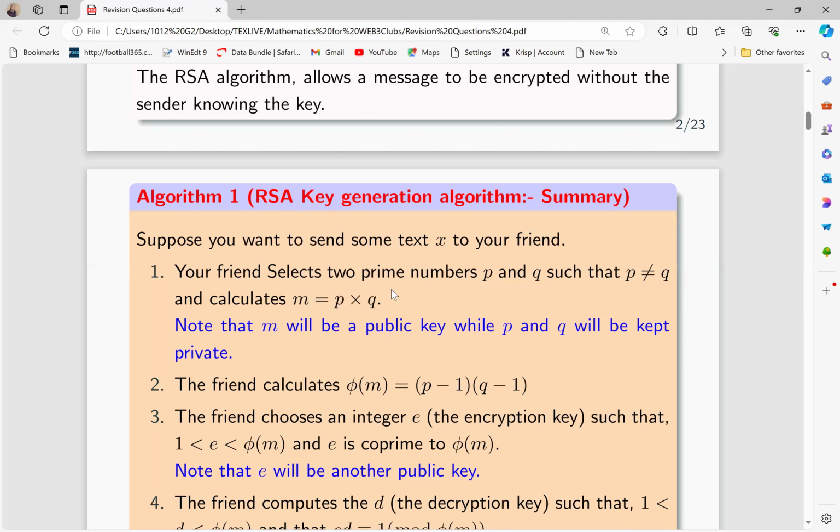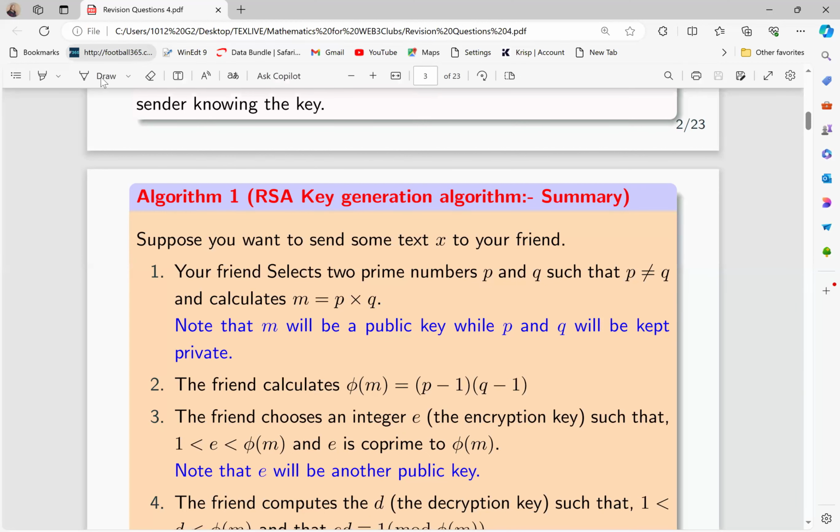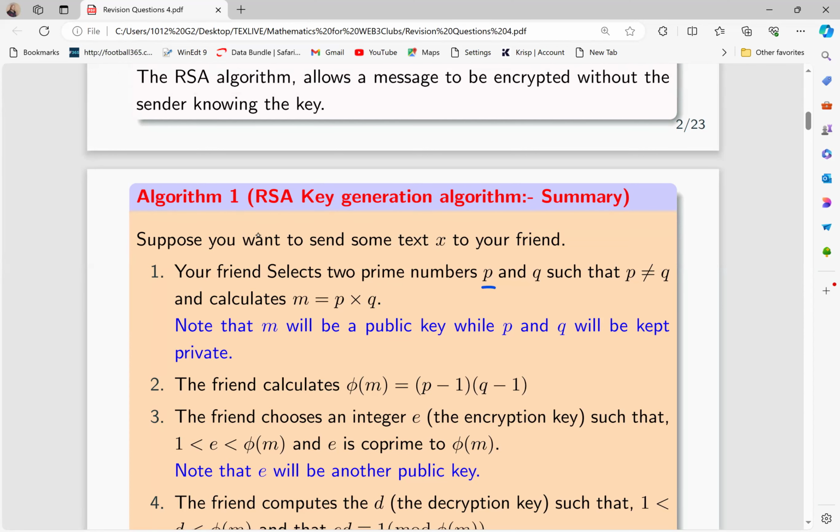And their product, we call it M. So we'll be talking of mod M. So the first duty he had was to choose two prime numbers. Then he gets the product of those two prime numbers.